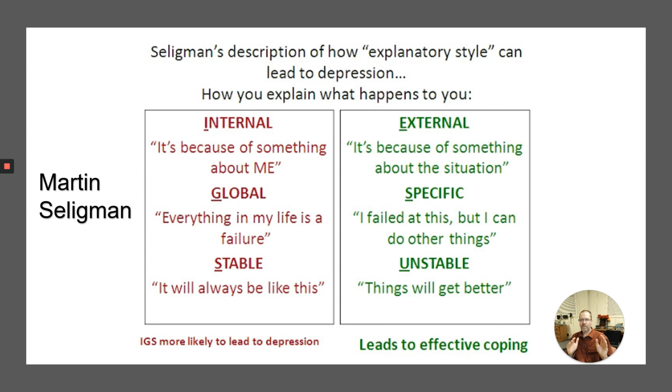But when you switch from it's because of something about me to it's something about the situation. Now, I'm not saying I buy all of this, because I can think of some really significant exceptions to this. Maybe there are some situations where Seligman has observed and identified a pattern of behavior and come to these rather generalized conclusions.